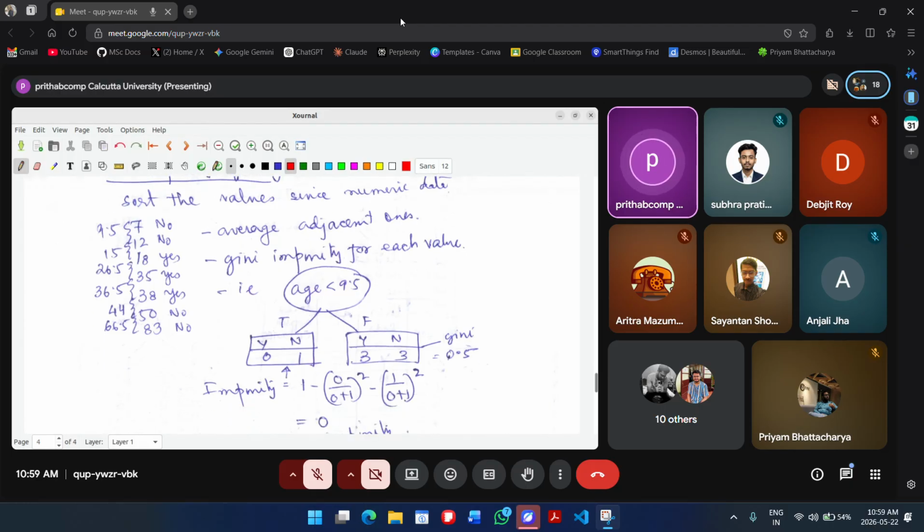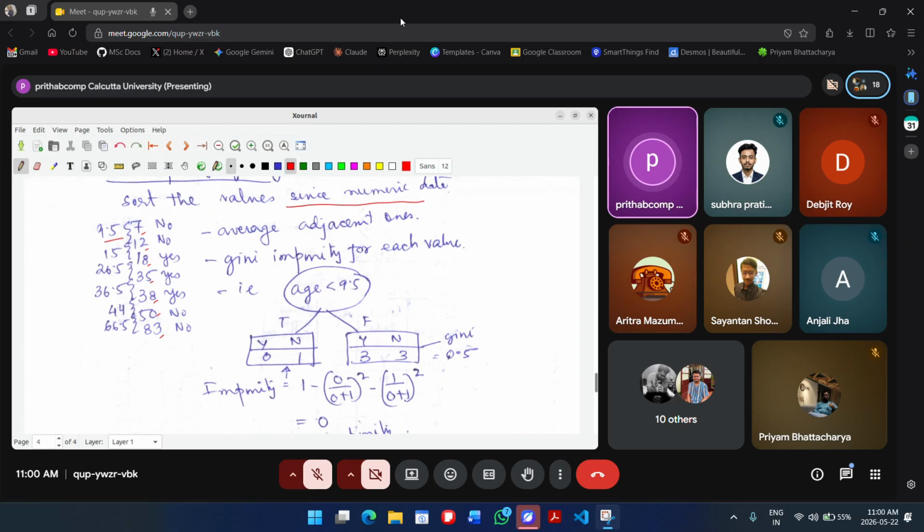So typically one method could be this, that we sort the values since we have numeric data. Okay, so 7, 12, 18, 30, 35, 38, 50 and 83. Then for consecutive values we find an average. So average the adjacent ones.